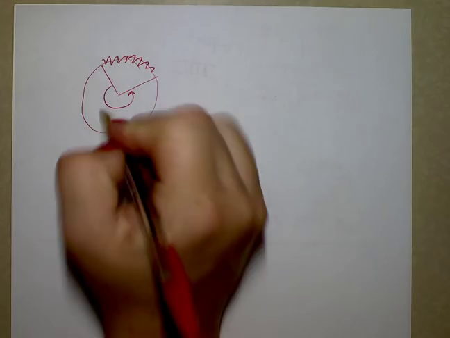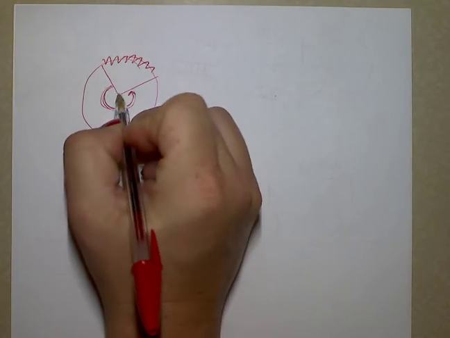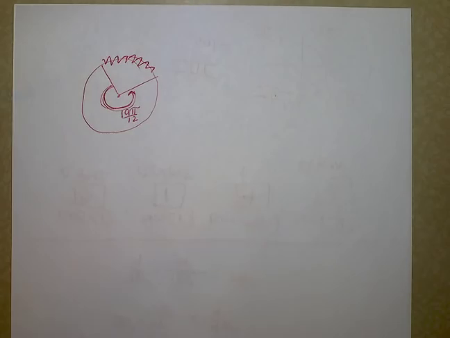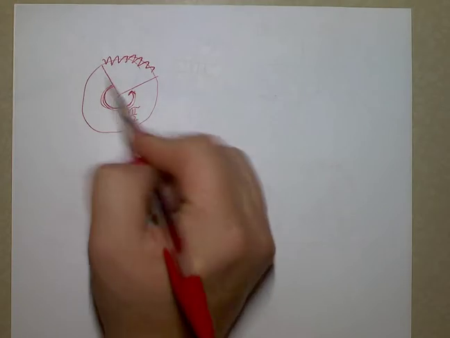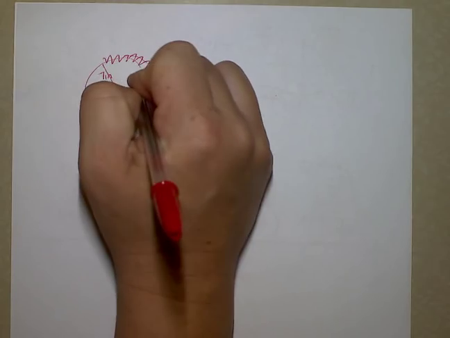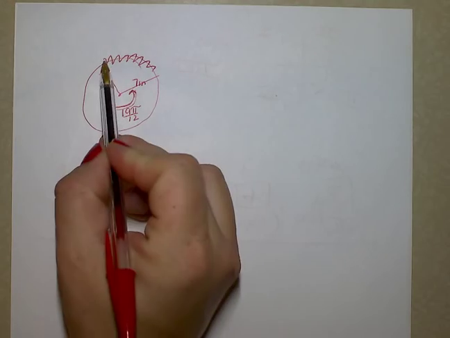Okay, this portion right here that you see me drawing is 19 pi over 12. You were told that the radius of this sector is 7 inches. Your goal is to identify the highlighted area, which is this arc length.